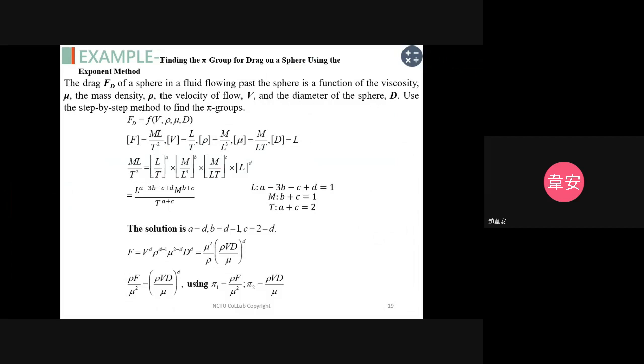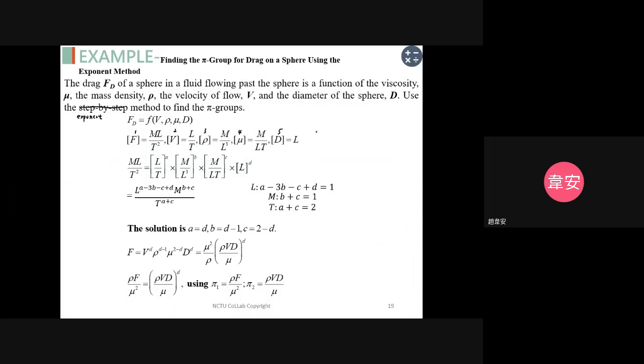So use the exponent method to find the pi groups. The exercise tells us the drag force is a function of the velocity, density, viscosity, and the diameter. So we list them: 1, 2, 3, 4, 5.